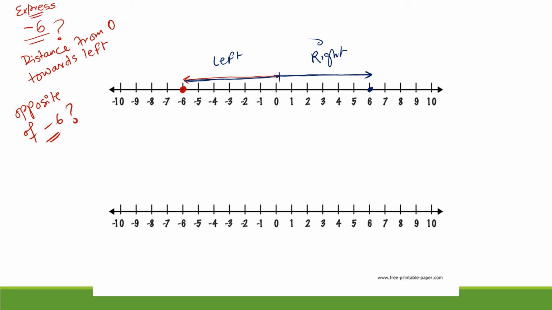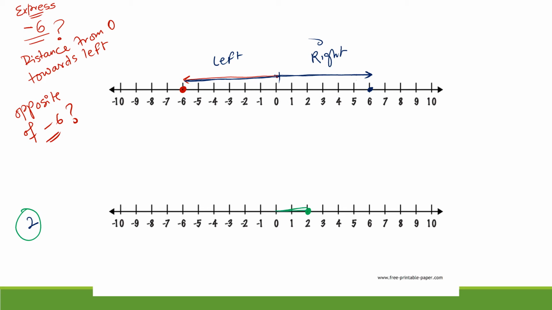Okay, so on the second number line, can you express +2? Yes, I can express +2 by putting a dot on the +2. Now explain +2. It is the distance of 2 units towards the right from 0.